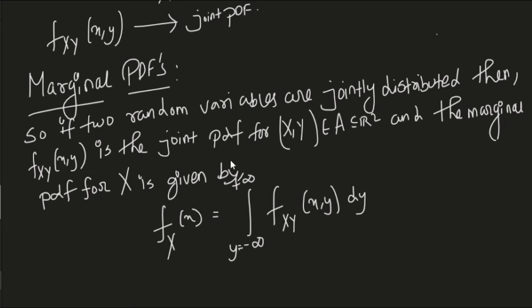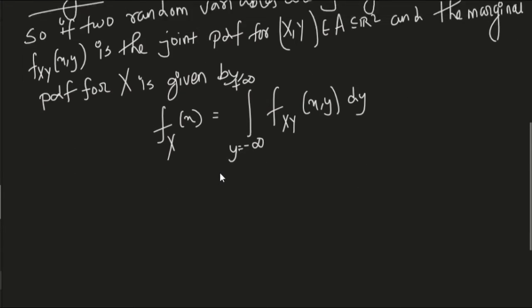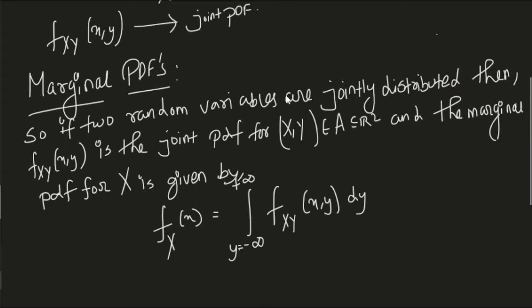So this is the joint PDF for the marginal PDF for x. What we are saying here is, if two random variables are jointly distributed with the joint PDF f(x,y), where (x,y) belongs to the subset A, where A is a subset of R square, or it might be R square itself, then the marginal PDF for x is given by f of x equals, so what you do is you take the joint PDF f(x,y) and integrate it with respect to the variable y. So if you want to find the marginal PDF for x, we are going to integrate over y.